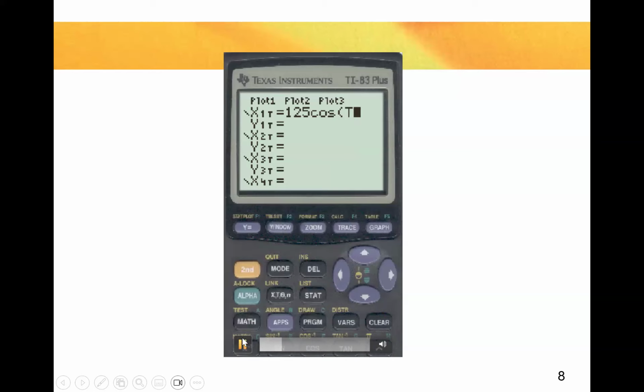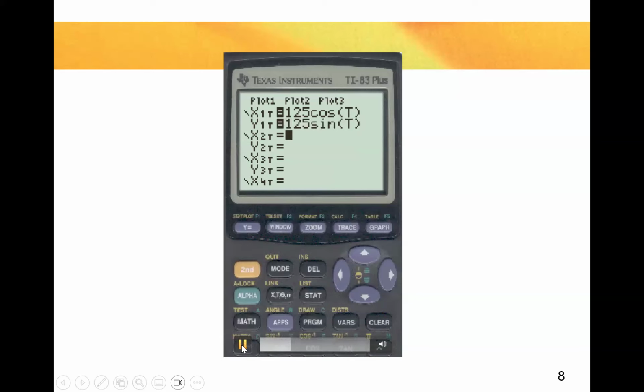And then keep on going. Let's close off the tangent. Close off the cosine. Let's go to the next one. Now you must have an X and a Y pair. We're good? So then this one I'm gonna go with 125, and make this a sine T this time. Very nice.